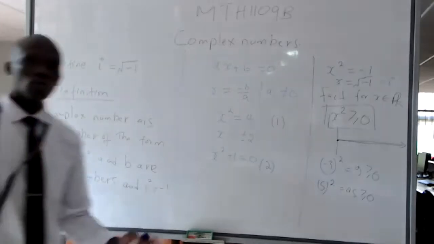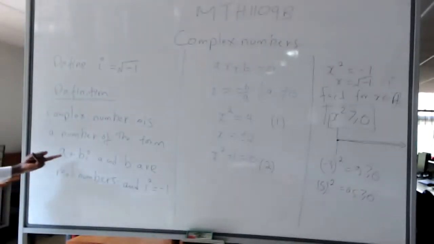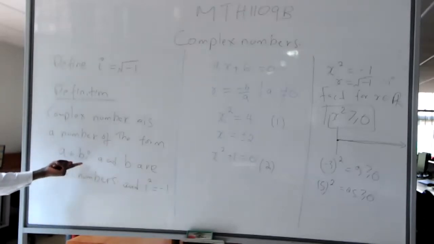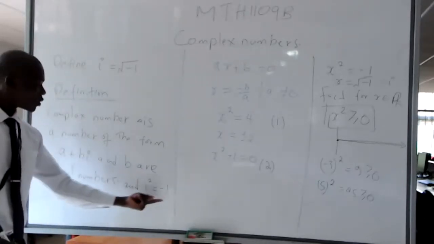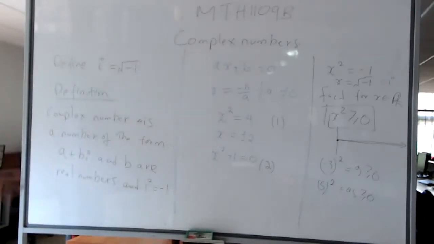I hope by now all of you are familiar with real numbers. You all know what a real number is. So any number which can be written in the form a plus bi, where a and b are real numbers, and i has the property that if you square it, you get the real number -1, we call such a number a complex number.